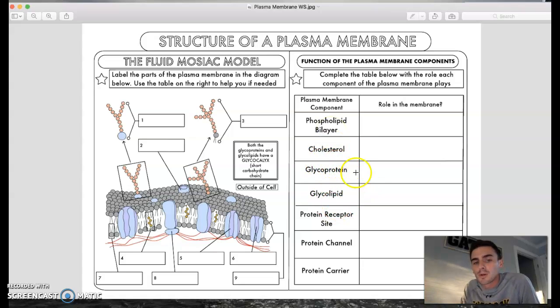The words glycoprotein and glycolipid look scary, but they both just have to do with carbohydrates. Just like it says right here, they both have a short carbohydrate chain. And then you need to look at which one of these looks more like a lipid and which one looks more like a protein and know what they do. A protein receptor site is where proteins go and land. And then we've talked about channel proteins and carrier proteins.